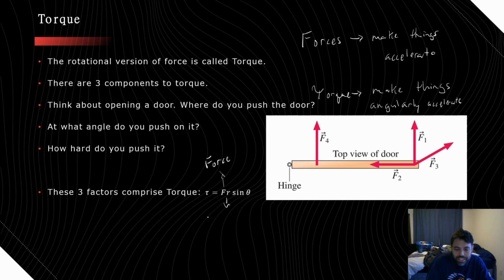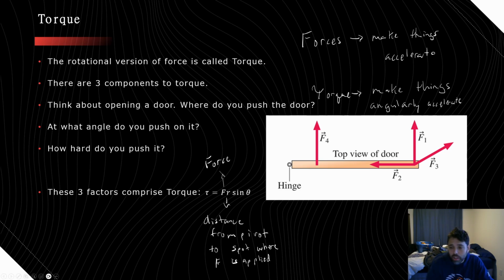R is the distance from the pivot, or the spot where we're rotating around, so the axis of rotation or the pivot point, different words for the same thing, the hinge of the door in this case, from the pivot to the spot where the force is applied.